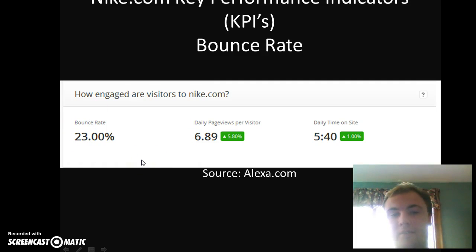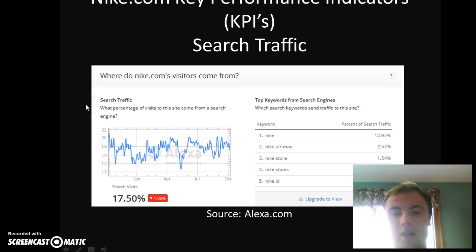It also gives you other information such as daily page views and the average daily time on the site. I think these are all important facts, and Alexa is able to break them down, and it's really easy to read. As well, Alexa also gives me the search traffic. For example, what percentage of visits come from a search engine?